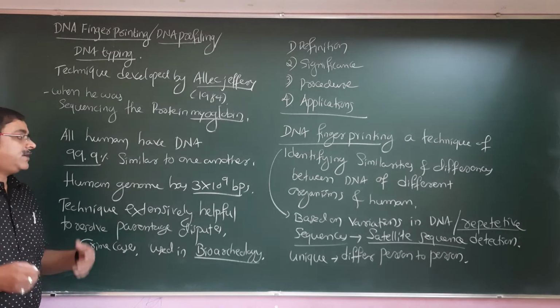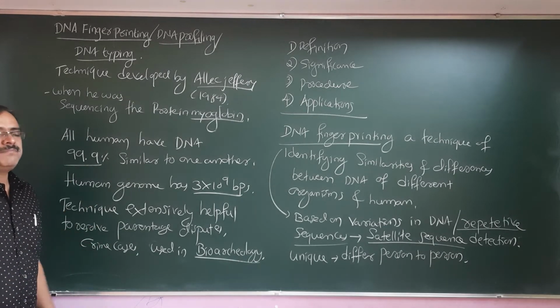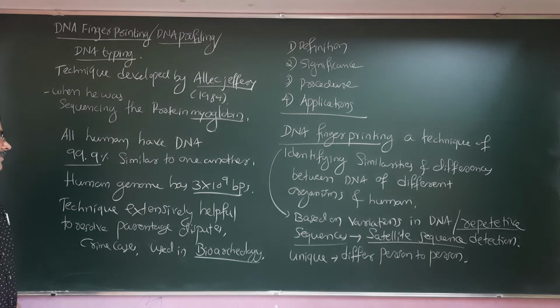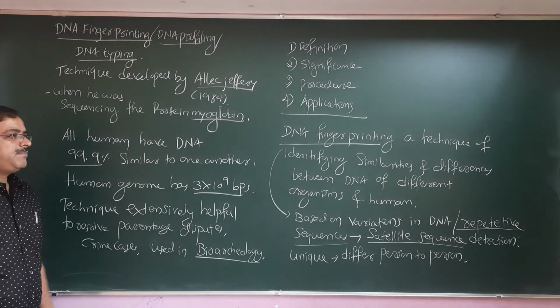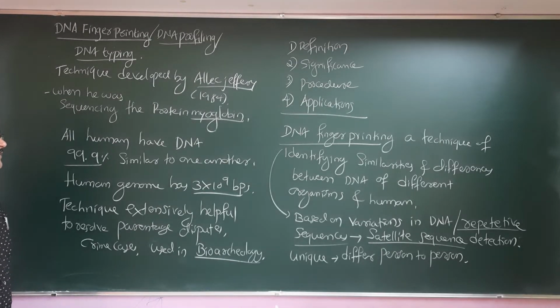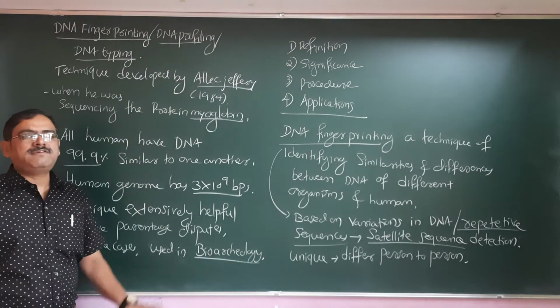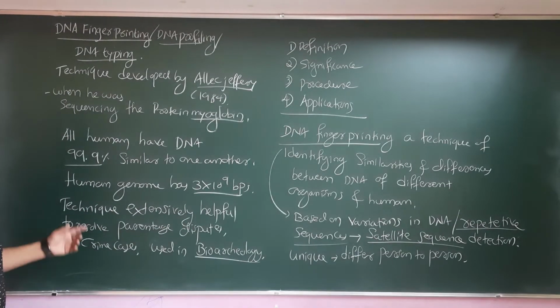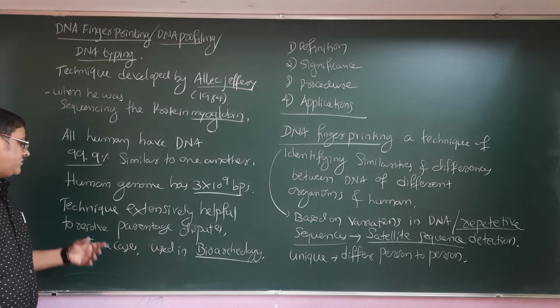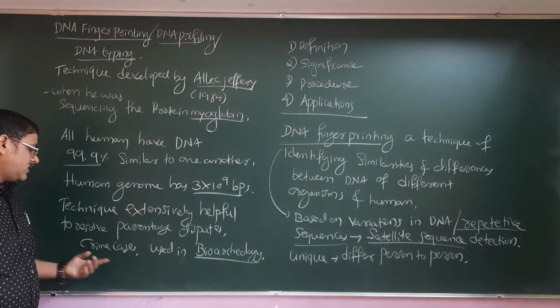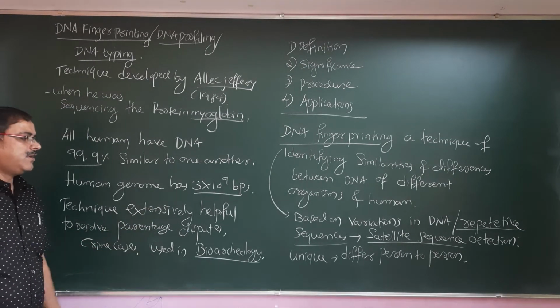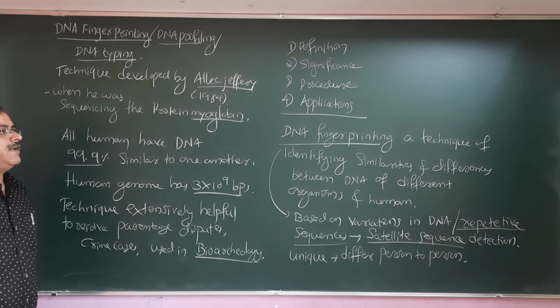Among that we have to identify that 0.1% difference. This 0.1% difference is due to the repetitive sequences or satellite sequences. They are non-coding sequences. The technique is extensively helpful to resolve parentage disputes and crime cases, and is used in bioarchaeology and even detection of phylogenetic relations.